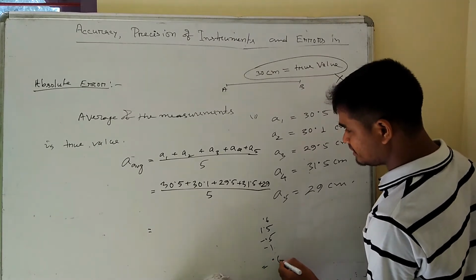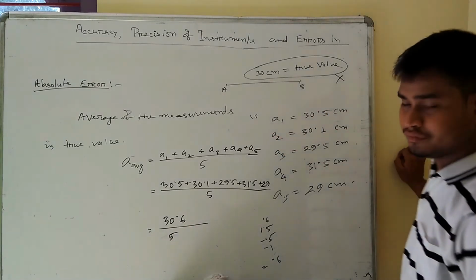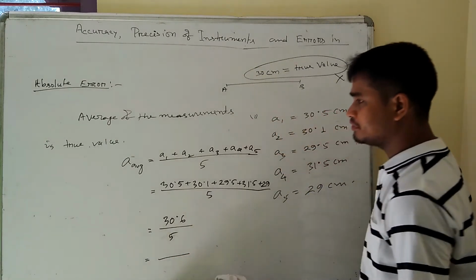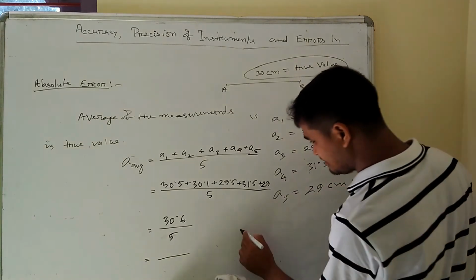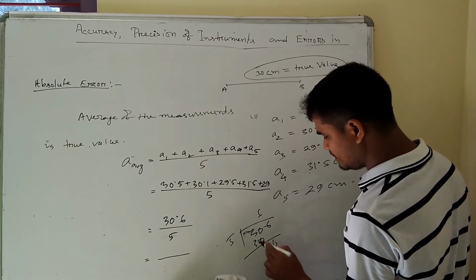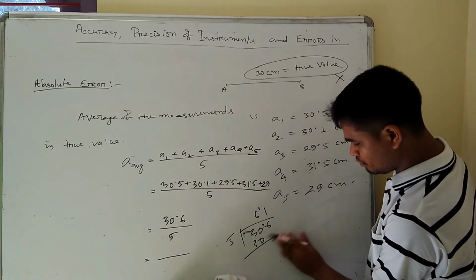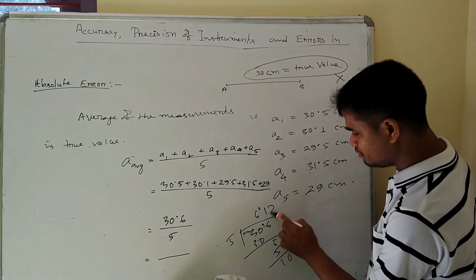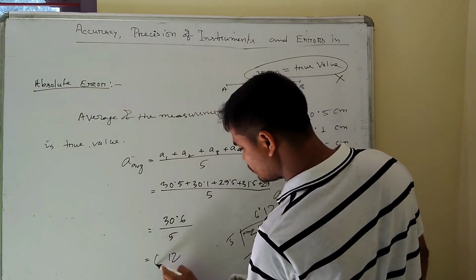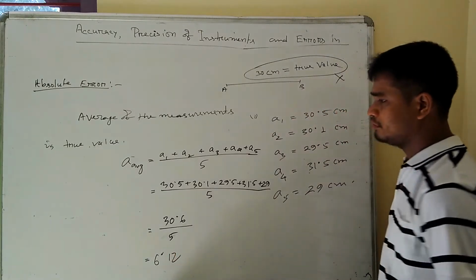So 30.6 divided by 5. So its value will be how much?